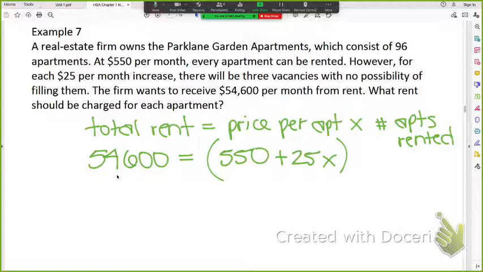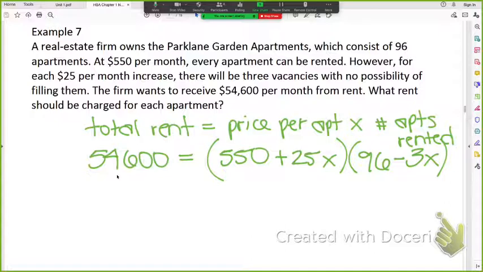Are we renting all 96? Not necessarily. At a maximum, we're renting 96, but what happens if you increase it by $25? You take away 3 per, it says 3 vacancies with no filling. So you are renting 96 minus 3 apartments. Every time you go up 25, you go down another 3 apartments.